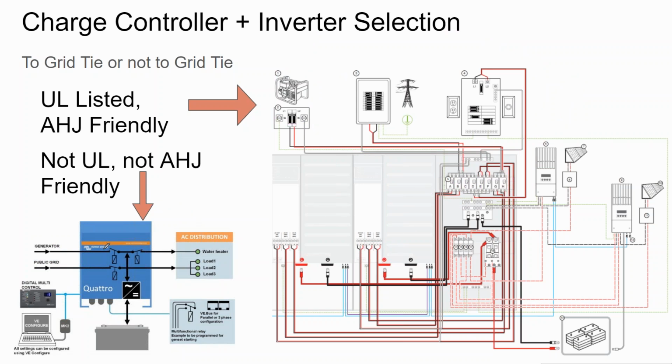Now, there may be a transfer switch inside the battery inverter, but the local jurisdiction may want to see something that's external to the inverter. They might say, oh, well, the grid's going into that inverter, and so if you want this to be considered not grid interconnected, you're going to have to put the transfer switch on the outside of the inverter rather than the inside.